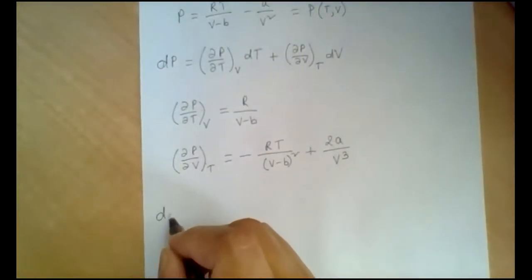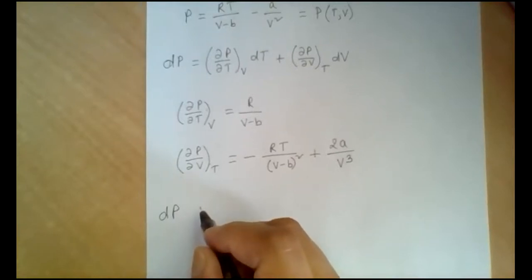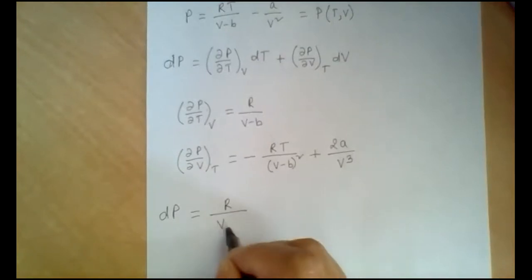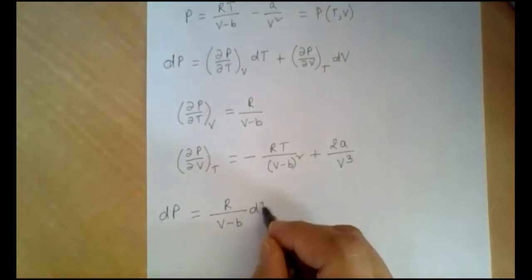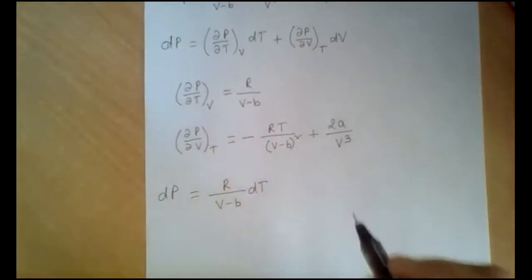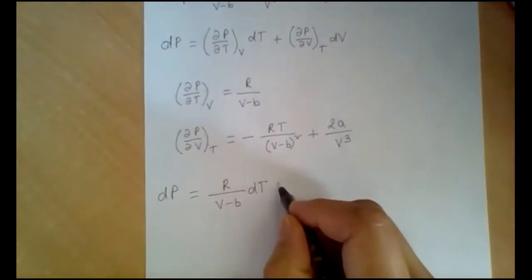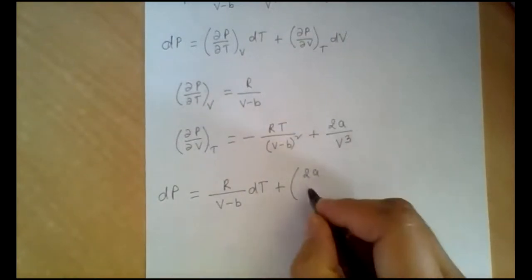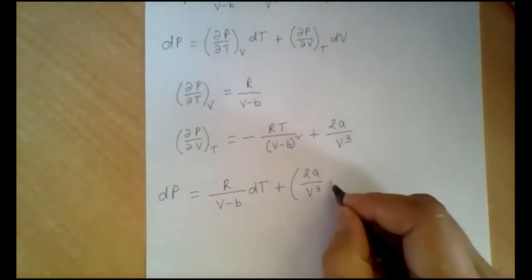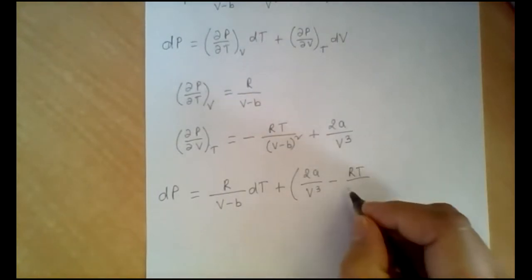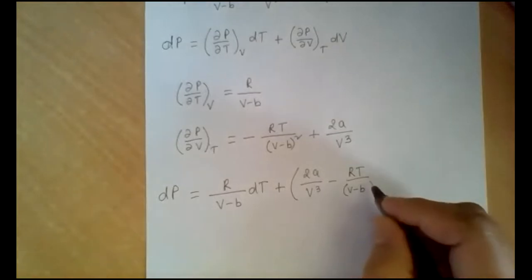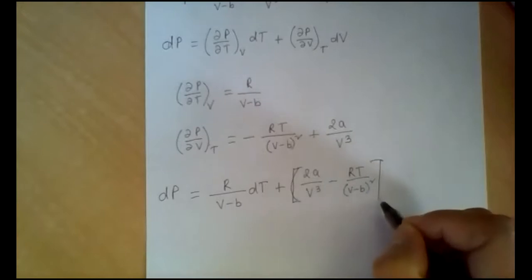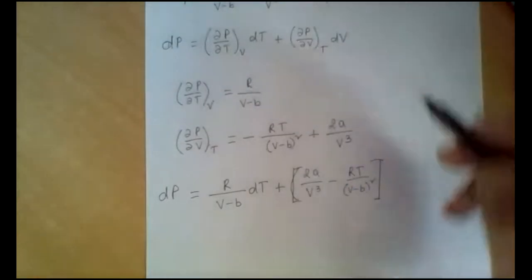You get the total differential for pressure, given by R by V minus B dT plus, inside the square bracket, twice A by V cube minus RT by V minus B whole square, times dV.